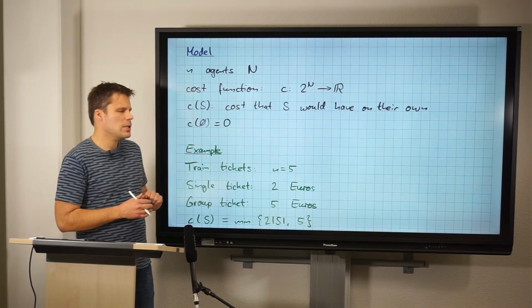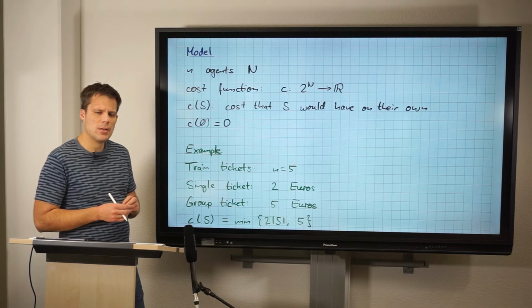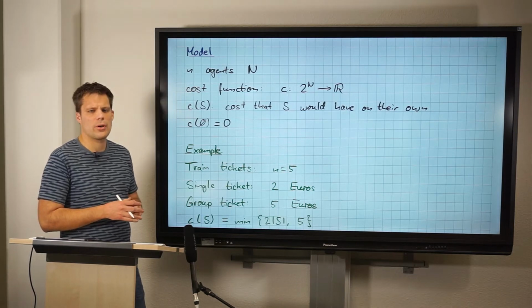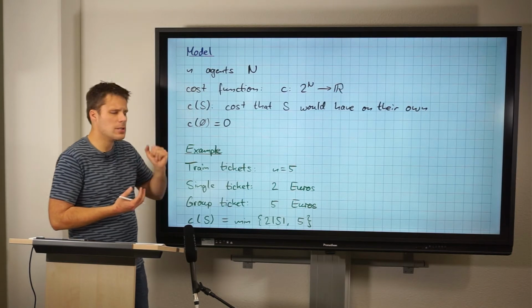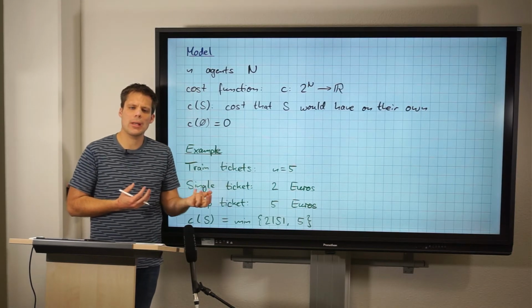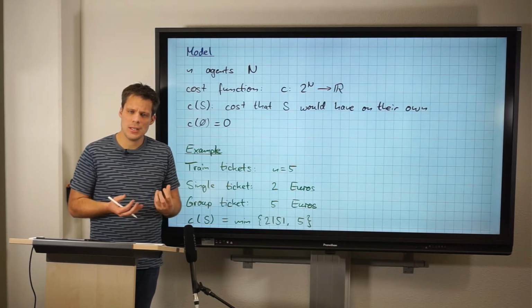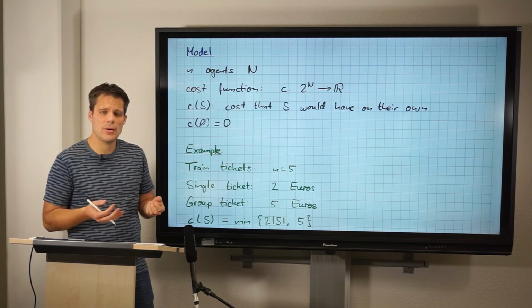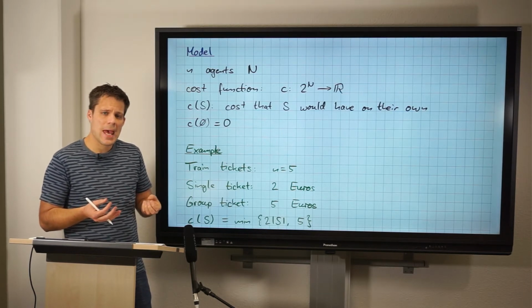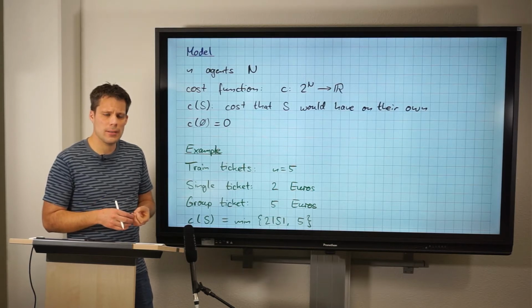So what will now be our question? Our question will be to split up the cost that we have for the entire group of people. So C of N we want to split up among all agents in N, so that the overall cost will be covered, and each of the agents is treated in a fair way.